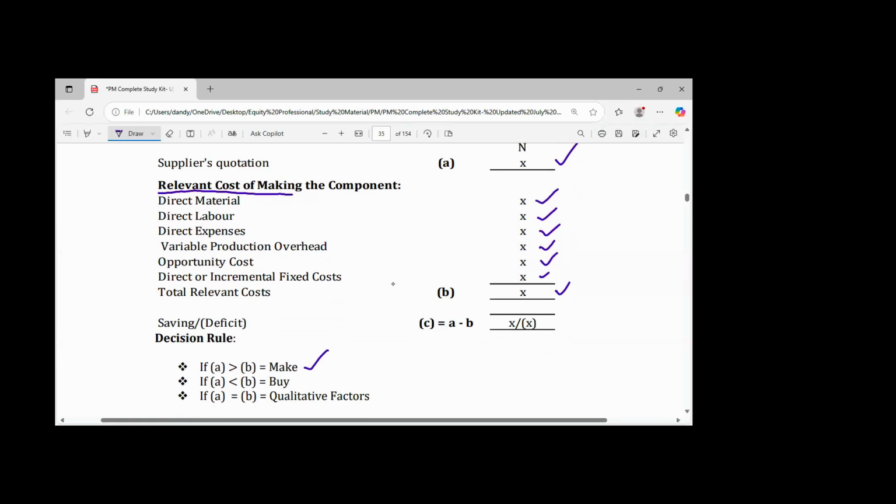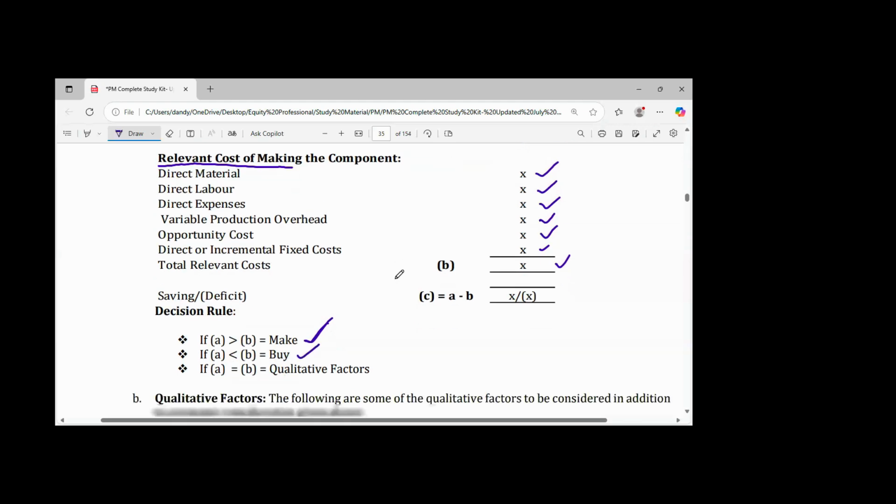So it's better for you to make it internally. Number two, if the supplier's quotation is less than the relevant cost of making, that is, if the amount you are going to pay an outside supplier is less than how much you are going to incur to produce it, then it's better for you to buy from the outside supplier.